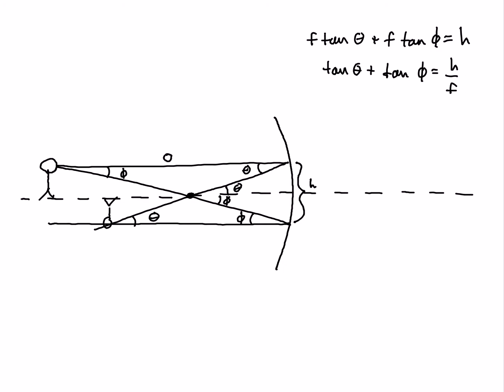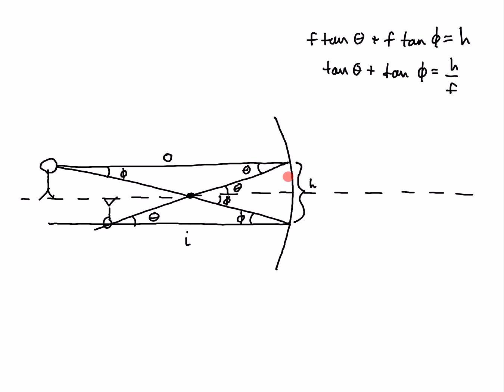Note from geometry that this angle is phi, and this angle is theta. If we call this distance the object distance, careful not to confuse that O with a 0, it's the object distance, the distance between the object and the mirror. And we call this distance the image distance, the distance between the image and the mirror.